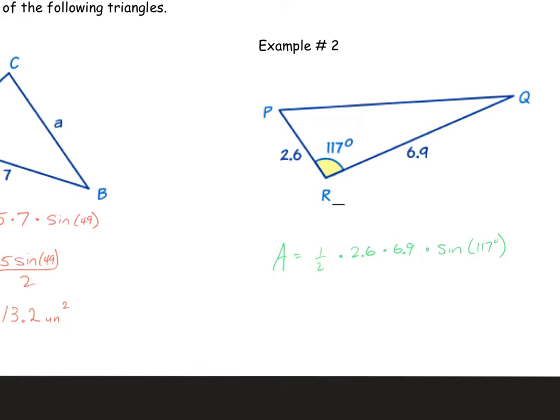There are a lot of decimals here, so we're going to round to the nearest tenth. 2.6 times 6.9 is 17.94, so area is 1/2 times 17.94 times the sine of 117 degrees. We divide that by 2, then multiply by the sine of 117, rounding to the nearest tenth. This is about 7.99, so the area is 8 units squared.